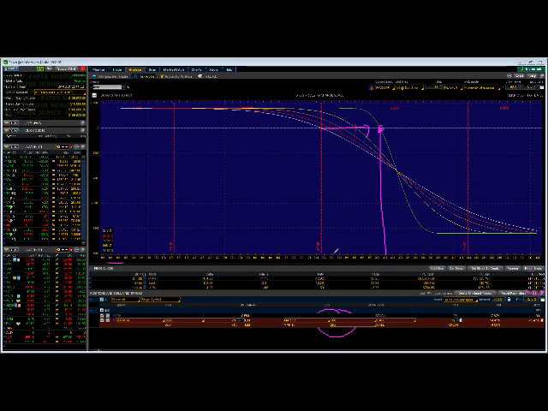break even moves up. It moves up to 194, 195, 198. It just starts moving up. But I want you to notice another thing as we start moving towards my short strike. As we start moving towards my short strike, these lines are going like this.